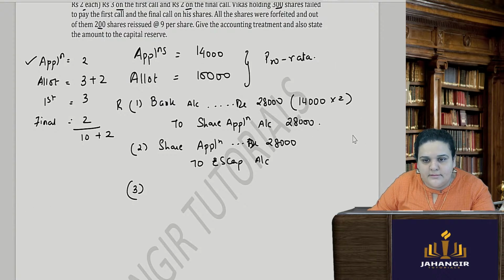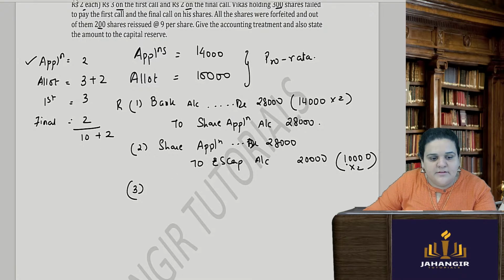So I'm going to write this as 10,000 into 2, 20,000.